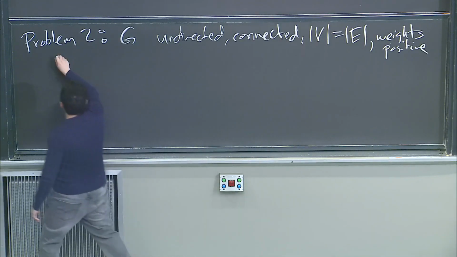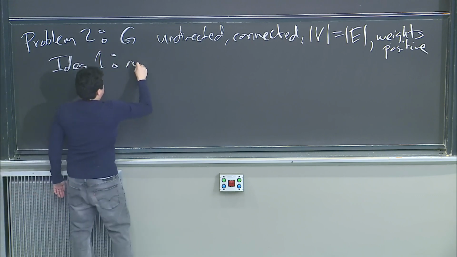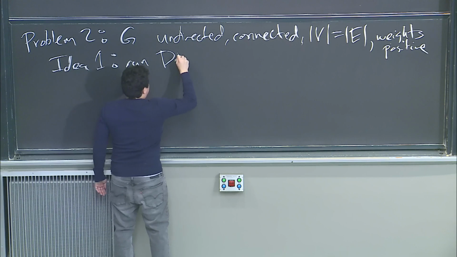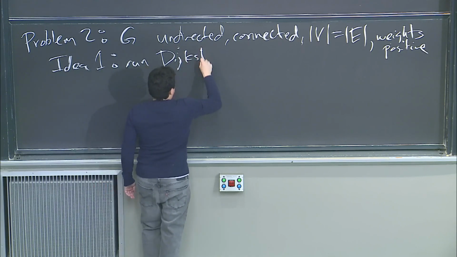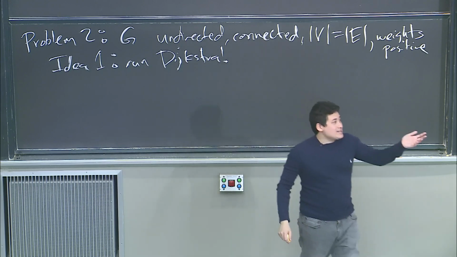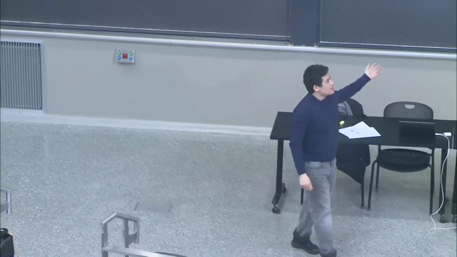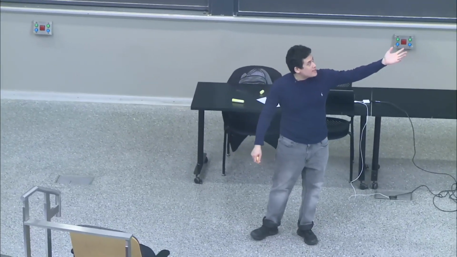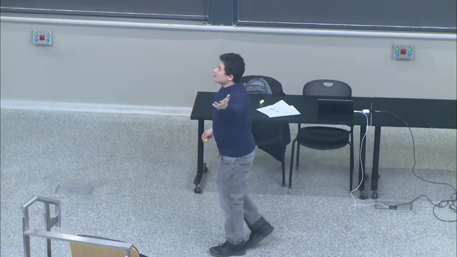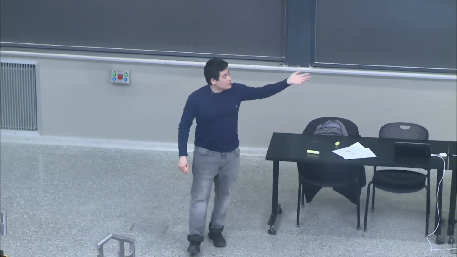Idea one: run Dijkstra. What's the problem with this? It applies, right? We're in the context of non-negative edge weights. We can find single source shortest paths from S to everything else in the graph using Dijkstra. It's a correct algorithm.